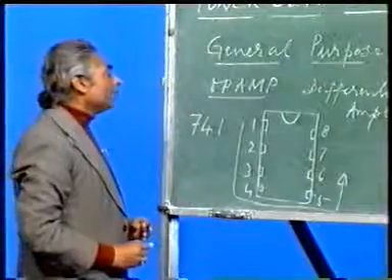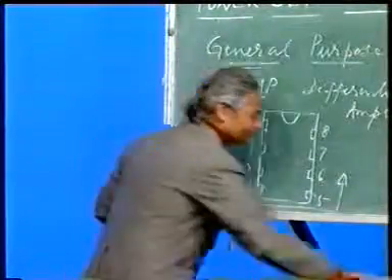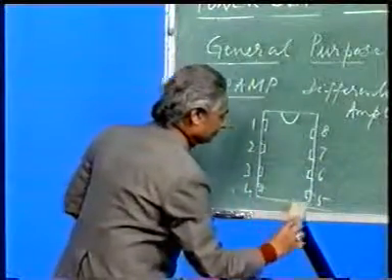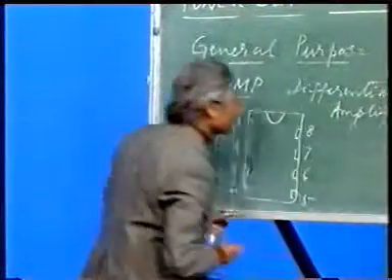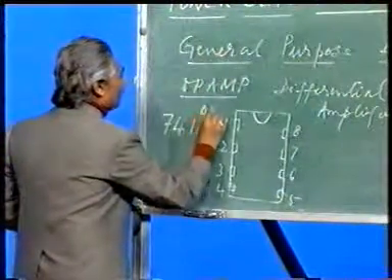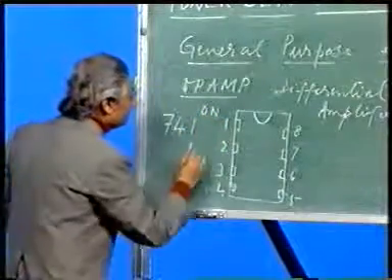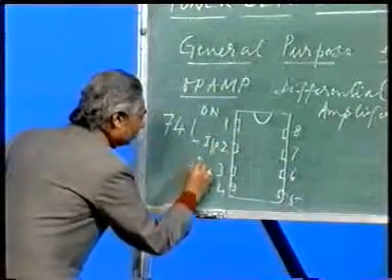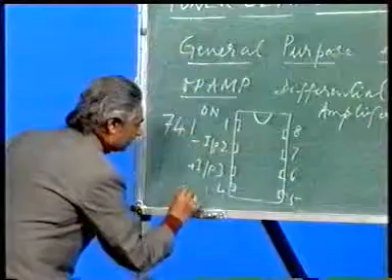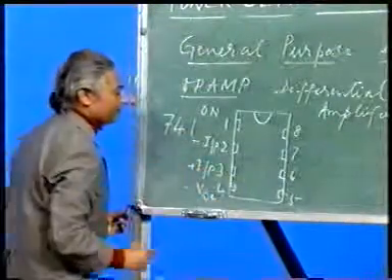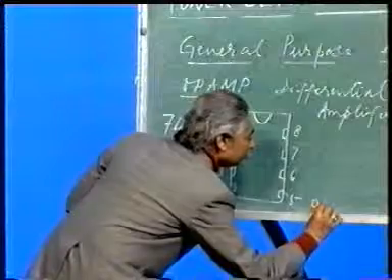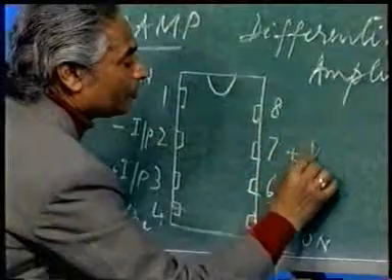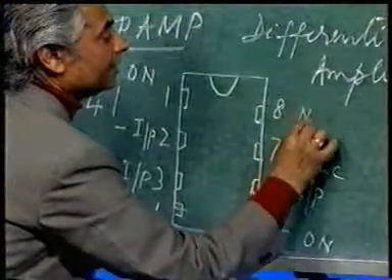In case of 741, we can have it like this. One is ON, this stands for offset null, this is negative input, this is positive input, this is minus VCC, this is again offset null, this is output, this is positive VCC, and this is NC.